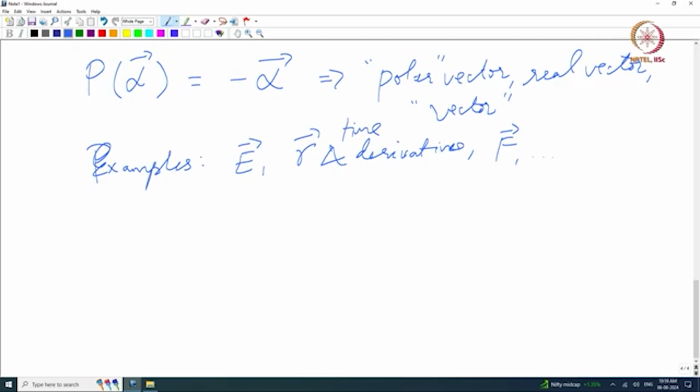Okay, so from here, there is a way to see that the existence of the other vector, which doesn't flip sign, is inevitable. How? Because imagine I had two real vectors, alpha and beta.